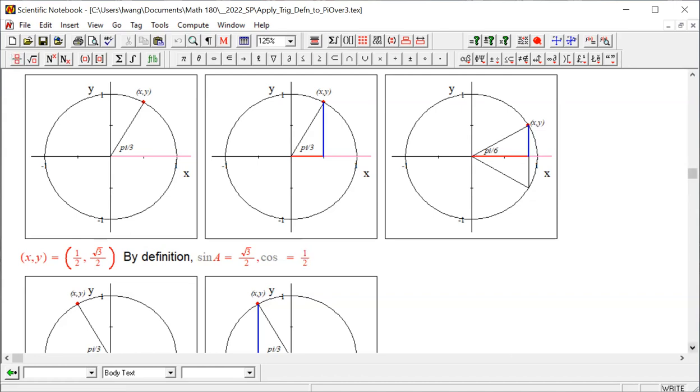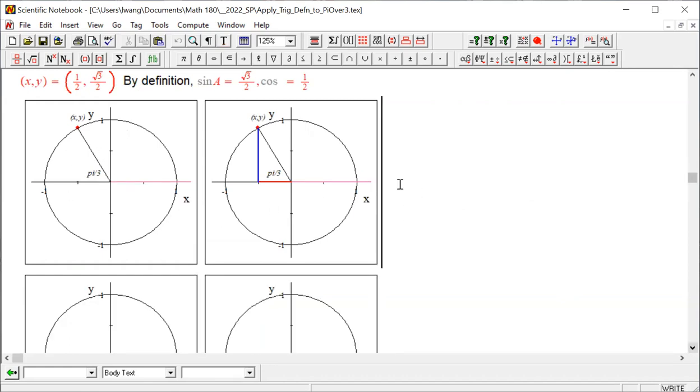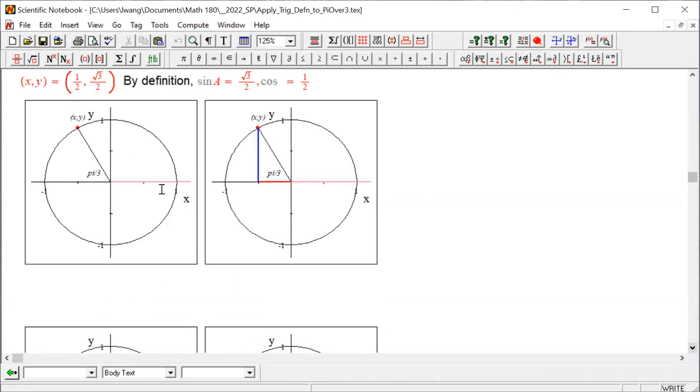And from this point on, we can go fairly quickly, because on the second quadrant, if there's any angle which terminates on the second quadrant like this, this triangle is the same as the other triangle. So this red is half, and the blue is √3 over 2.